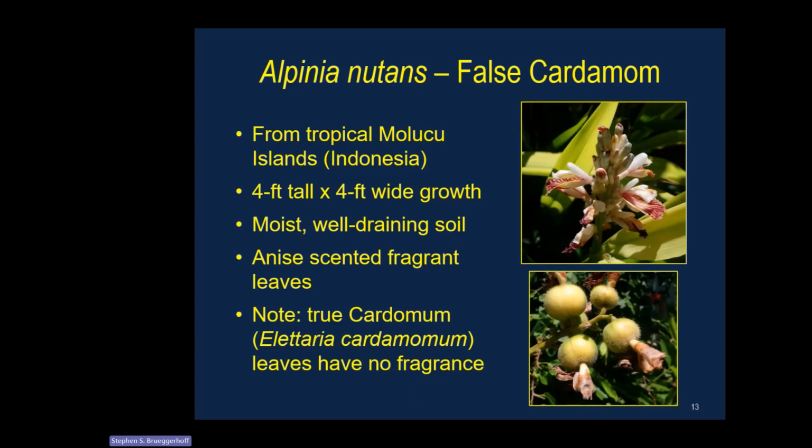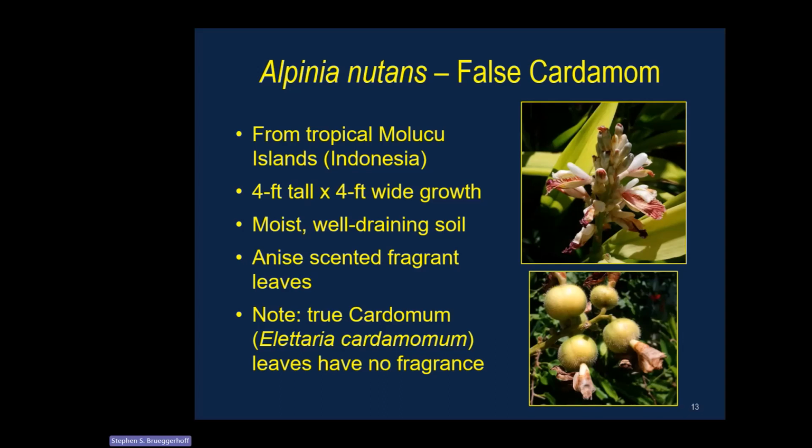It smelled great, but the flower that was produced was completely different from images that I saw on the interwebs, right? So what was advertised, we corrected that. You know, I said, this is not a true cardamom. We can't grow cardamom successfully here. What this is, I identified it as what's called a false cardamom. So it is an Alpinia, genera Alpinia species nutans. It's from tropical Molucca Islands, which are located in Indonesia.